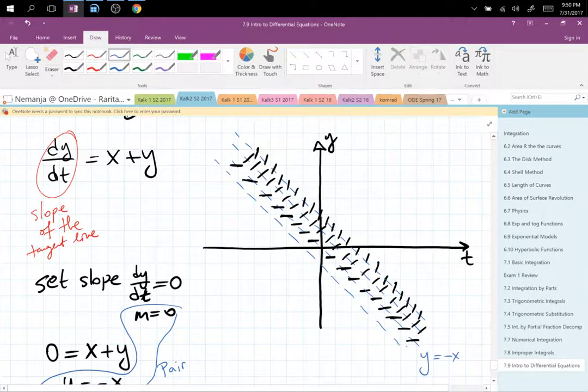And then the slope was -1, which means 45 degrees this way. No, wait, that's positive 1. Oops. Would that be parallel to the line? Yep. Now I'm getting there.